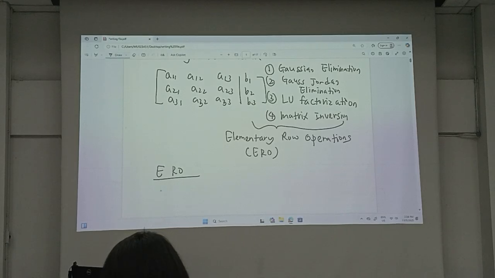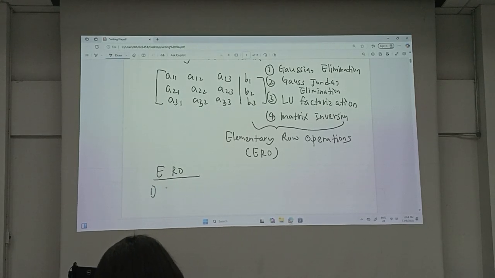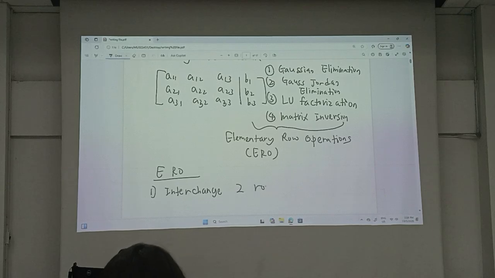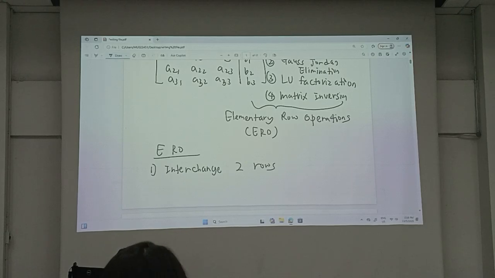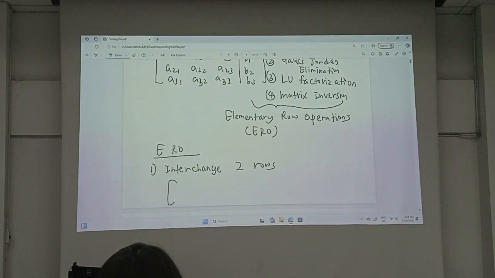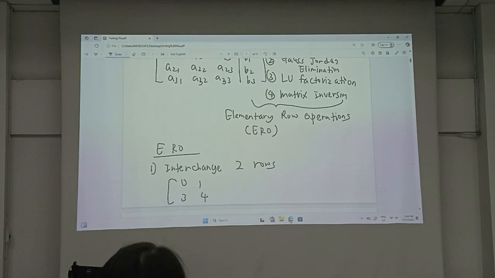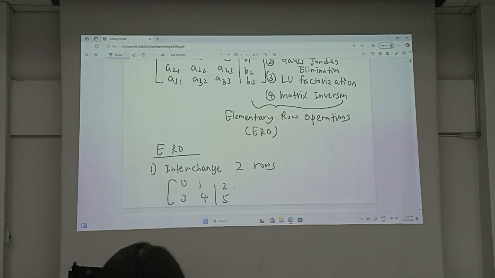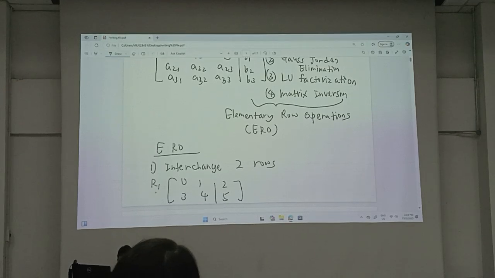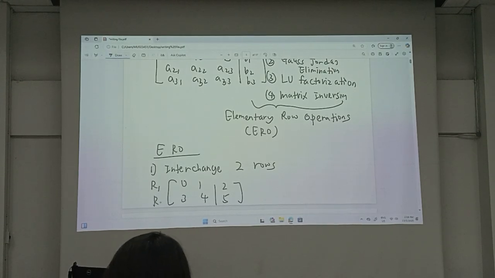The first operation is interchanging two rows. For example, given an augmented matrix 0, 3, 1, 4, 2, 5. Row number 1 we call R1, and row number 2 we call R2.